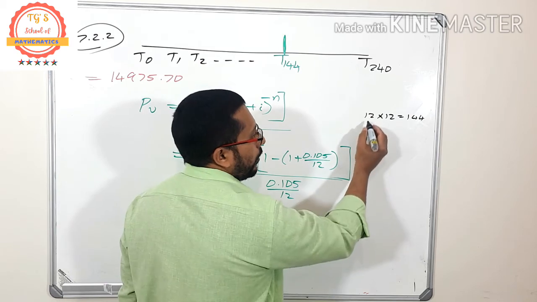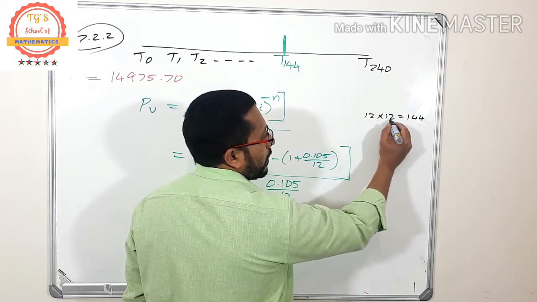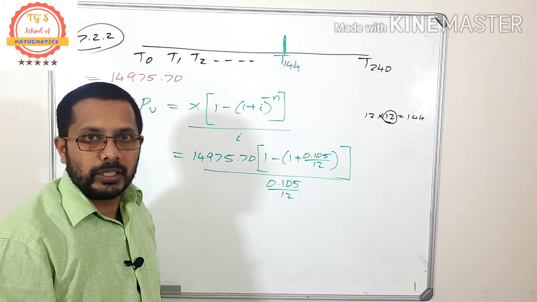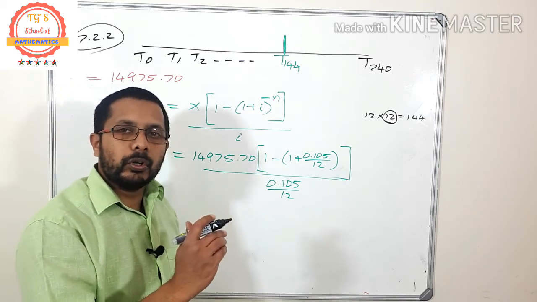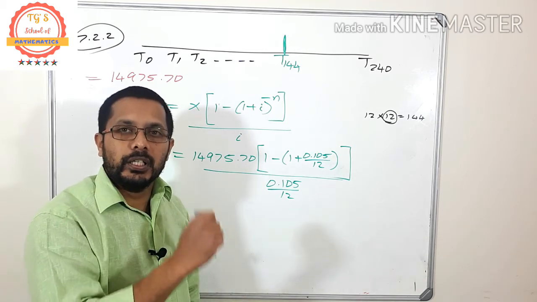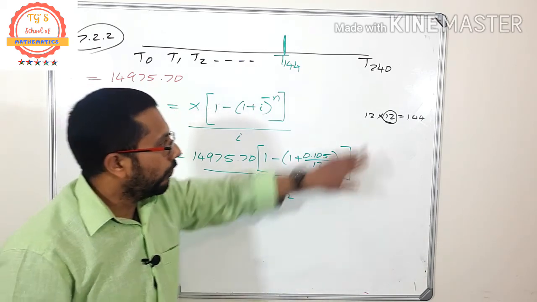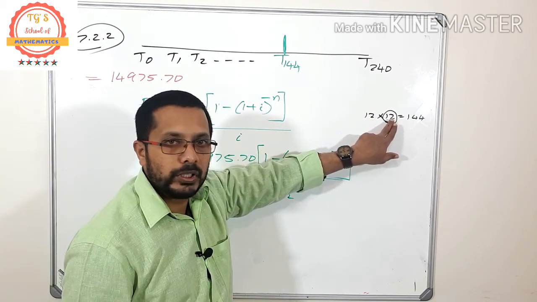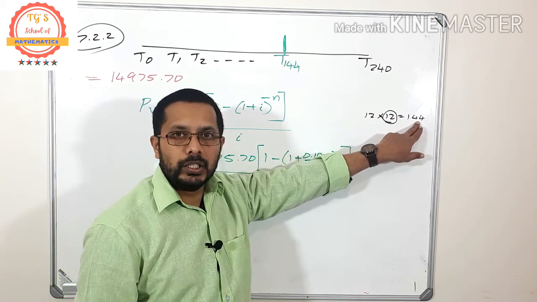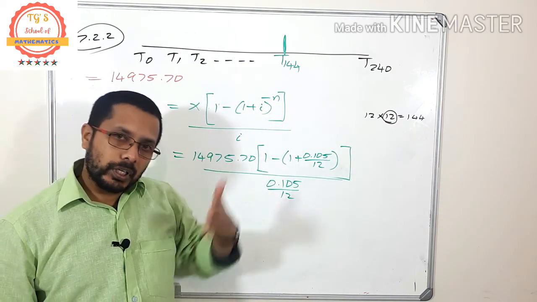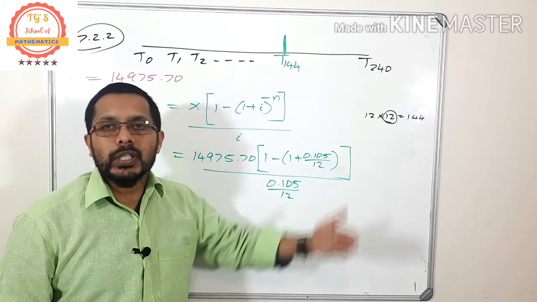So 144 means it is 12 years. 12 months in 1 year, times 12 years, that gives you 144. That means after 144 months means after 12 years.